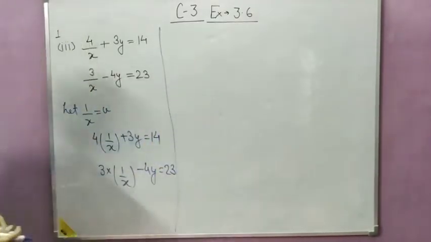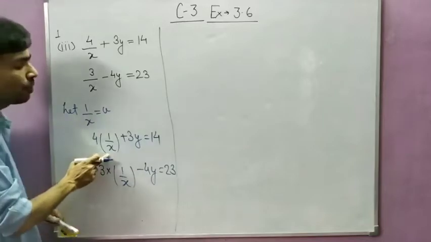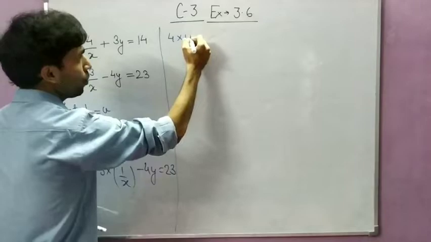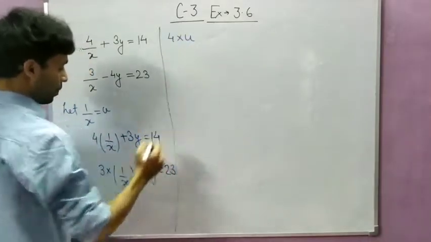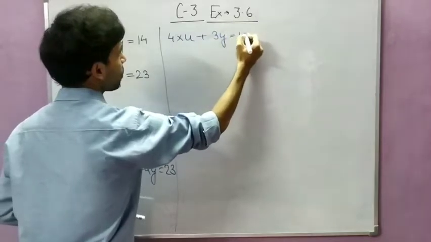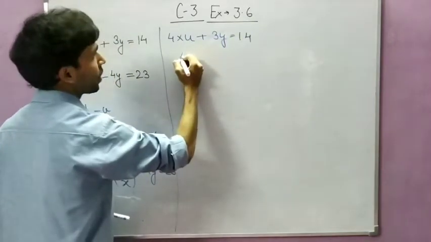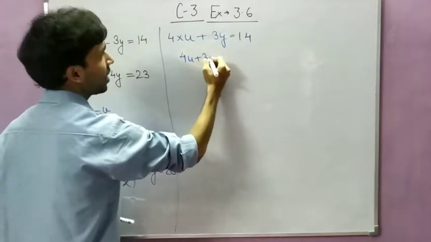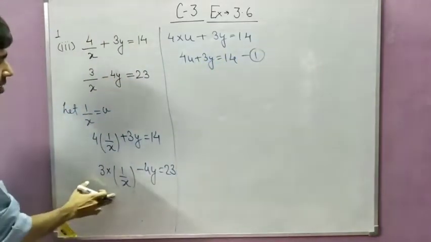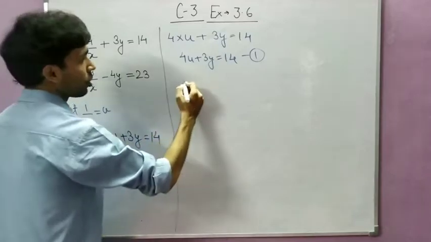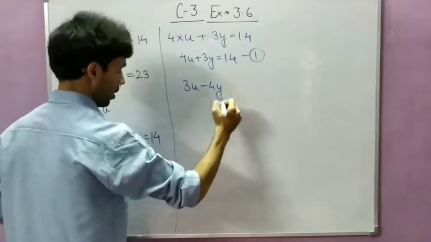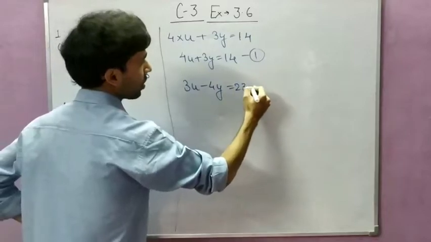Because we have assumed 1 by x equal to u, it will be 4 into u plus 3y equal to 14. So it will become 4u plus 3y equal to 14. This is your equation number 1, and the second equation becomes 3u minus 4y equal to 23, equation number 2.